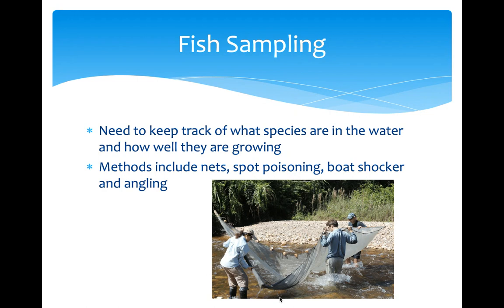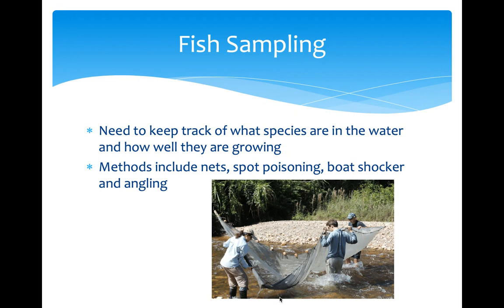You can see these people here in this picture are actually taking a sample of the fish that are in this pond, and they can look at whether or not they have any situations going on with disease or issues like that. So this is probably the easiest way to do it, to have a big net and several people that can go and use that net to pull some of those fish out of the water and take a look at them.